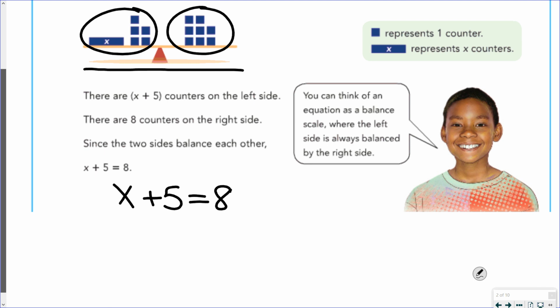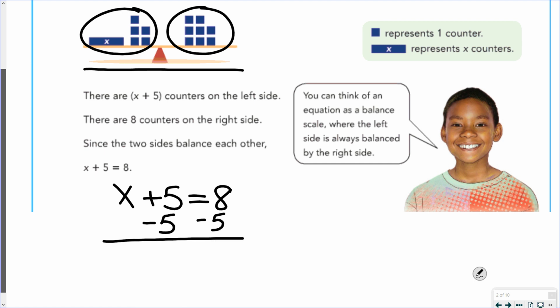So in order to isolate the variable, we need to do the opposite of that, and the opposite of adding 5 is subtracting 5. We can think of this as we've just taken 5 things off of the left side of our scale. Now, if we take 5 off the left side of the scale, our scale is no longer balanced, and equations need to stay balanced. So in order to keep the equation balanced, we would then take 5 off of the other side.